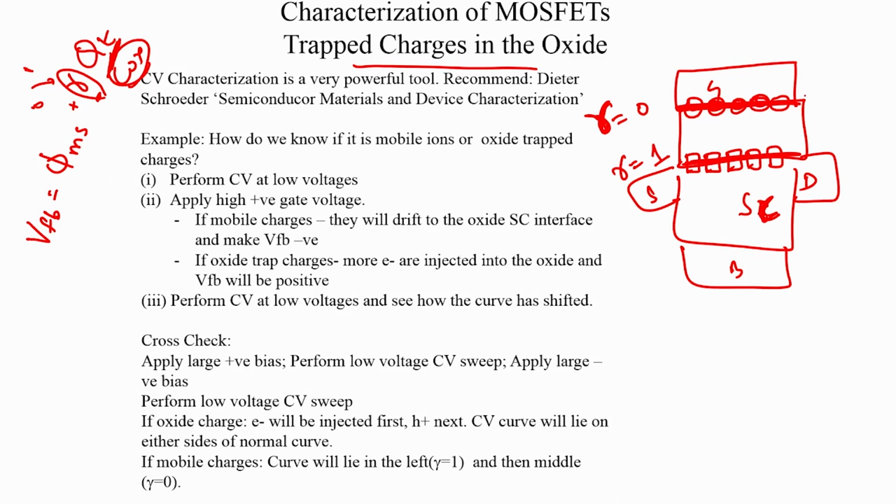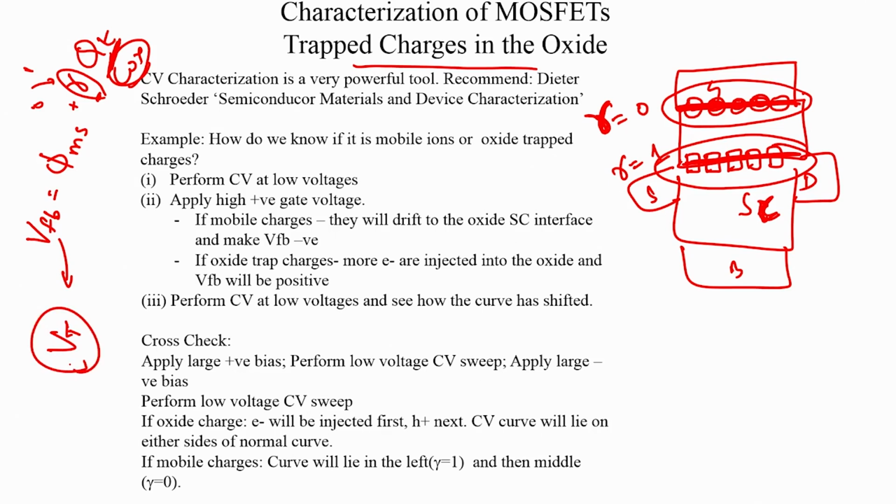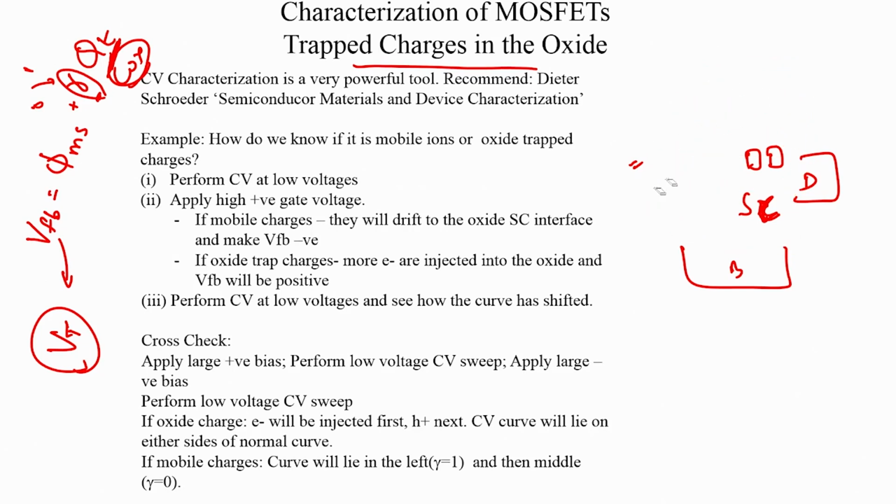So, when the charges are present at the gate interface, they do not impact the flat band voltage, and when the charges are present at the semiconductor interface, they impact the flat band voltage very significantly, and the flat band voltage in turn impacts the threshold voltage of the MOSFET. So, let us say we want to understand the mechanism of these trap charges in the insulator. Let us say we are seeing charges in the insulator, but we do not know whether it is because of electrons and holes or whether it is due to mobile ions.